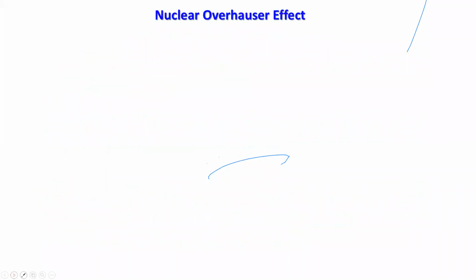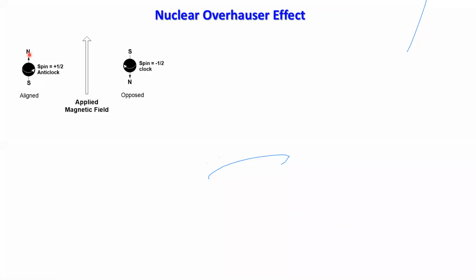Now if you look at the nucleus, you have plus half and minus half spin. I'm just taking the half spin, plus half and minus half, because we are dealing with carbon and hydrogen.